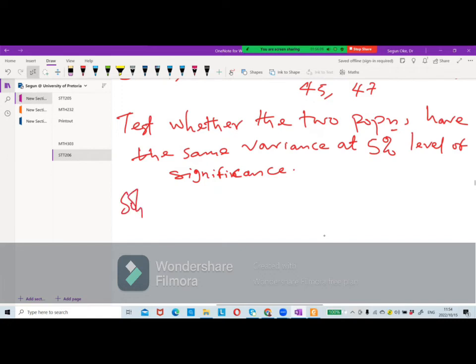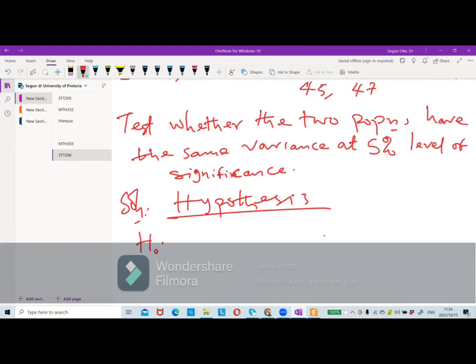So the solution will be, let's write the hypothesis. H naught is sigma square 1 is equal to sigma square 2. That is our null. The second one is what?